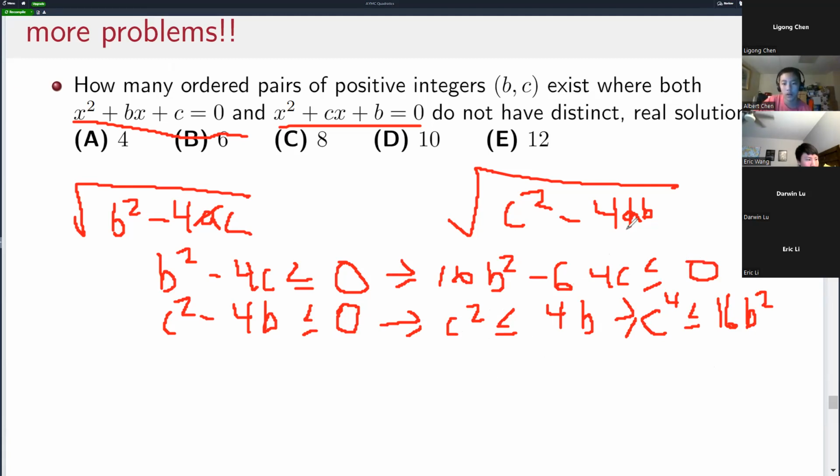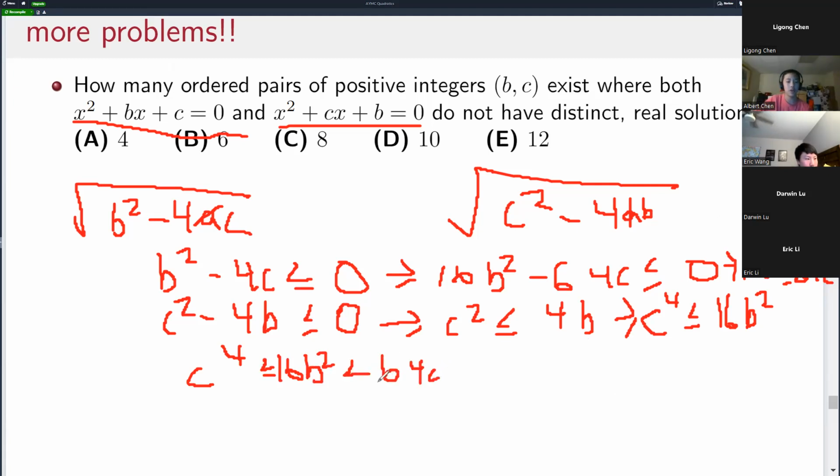Now we can set up another inequality: first we make this into 64c, and now that means that c to the 4th is less than or equal to 16b squared, which is less than or equal to 64c.